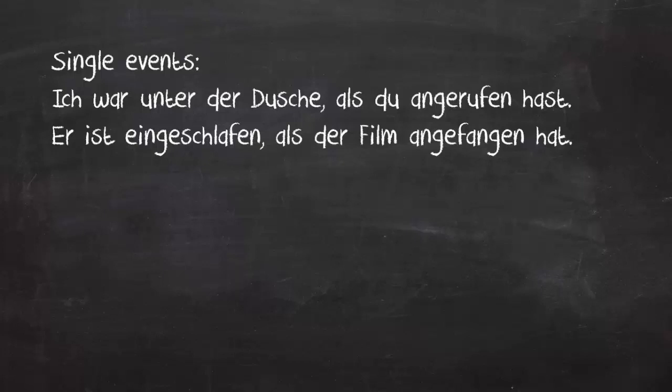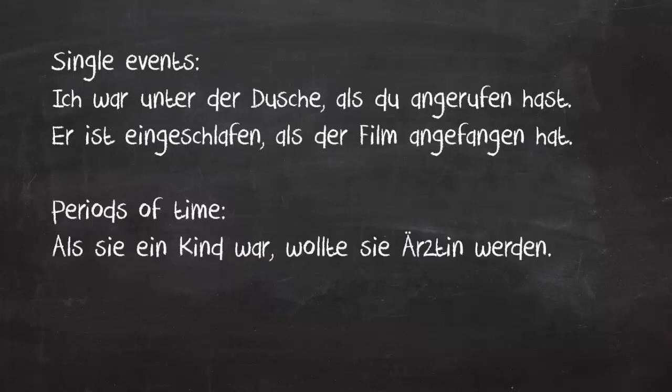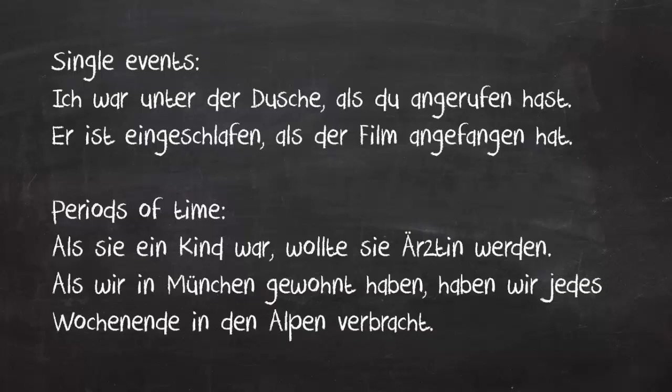And here are some examples for periods in the past. Als sie ein Kind war, wollte sie Ärztin werden. When she was a child, she wanted to become a doctor. Als wir in München gewohnt haben, haben wir jedes Wochenende in den Alpen verbracht.